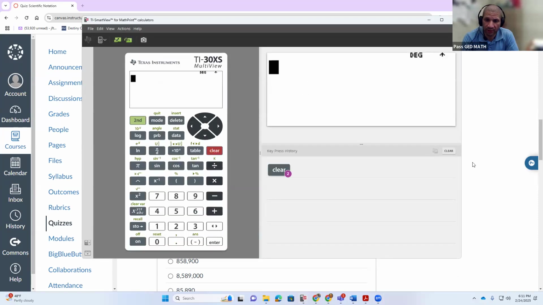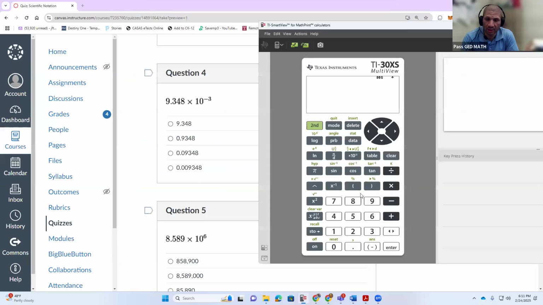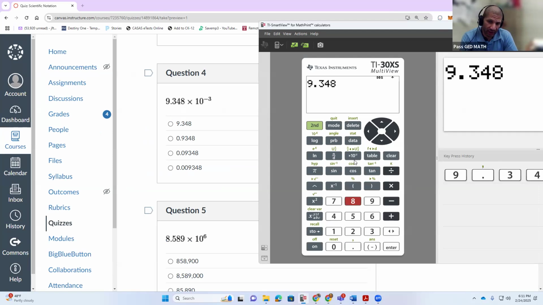You would have to do it a little bit differently here on the calculator because they're giving you scientific notation. You would enter 9.348, then hit this right here, times 10 to the n. And because it starts with a negative, you use the negative key next to enter.